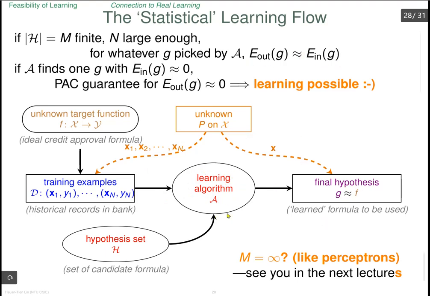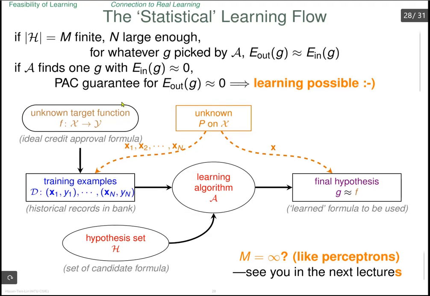Then if A finds a g with the smallest in-sample error, probably approximately correct will guarantee that out-of-sample error will also be 0 or approximately 0. Now we have extended Hoeffding's inequality to multiple M hypotheses.